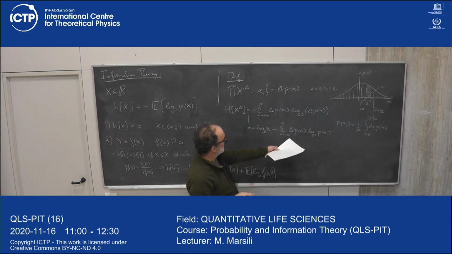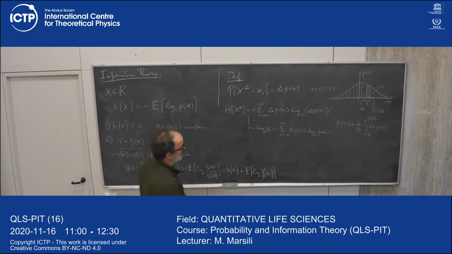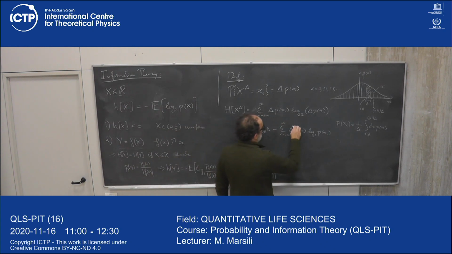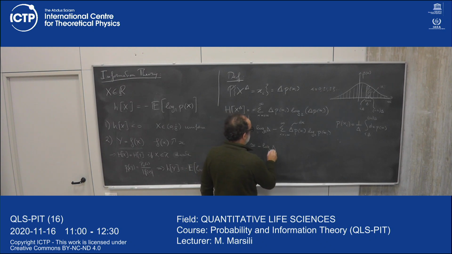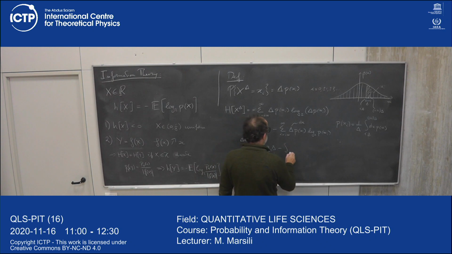Now you see this is very similar to the integral, because essentially delta is a dx, and xi is in the interval I. So if delta is very, very small, then this is well approximated by minus log 2 of delta minus the integral dx p of x log p of x from minus infinity to plus infinity.